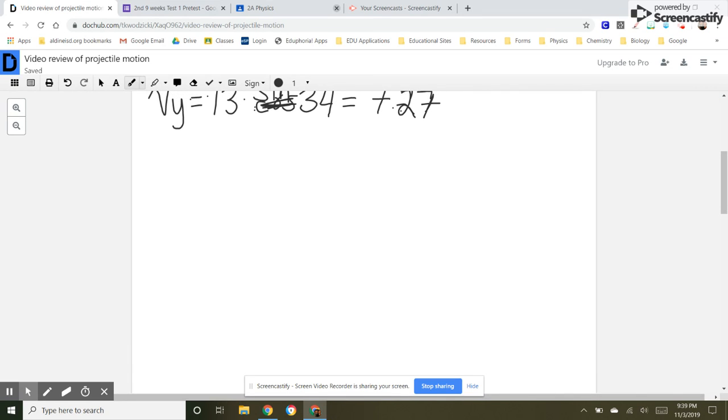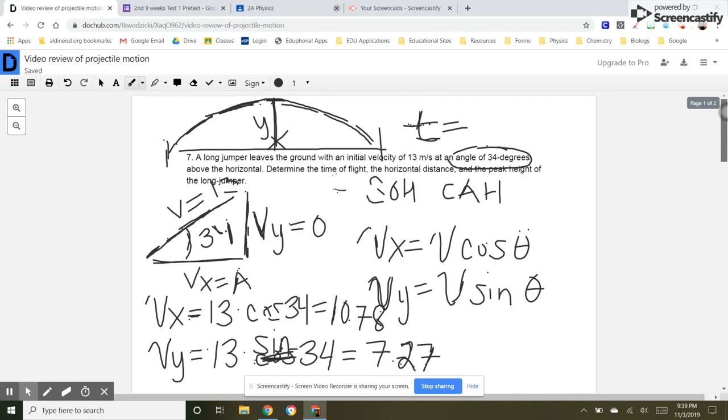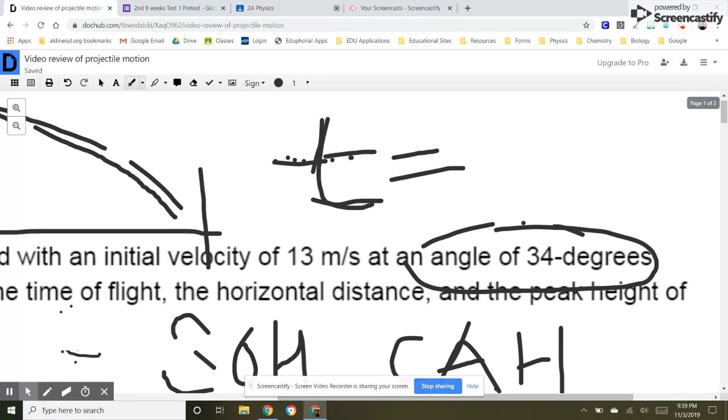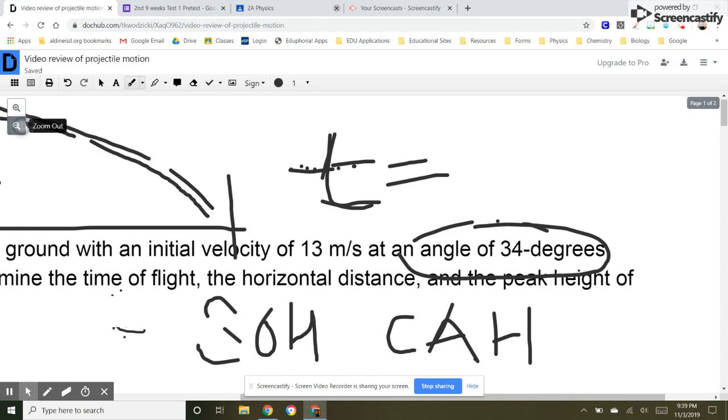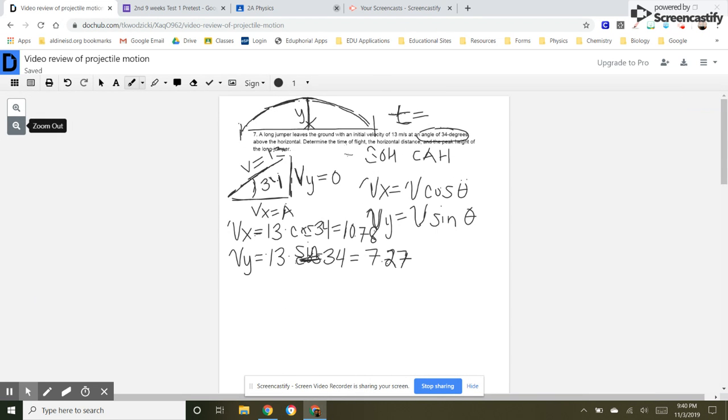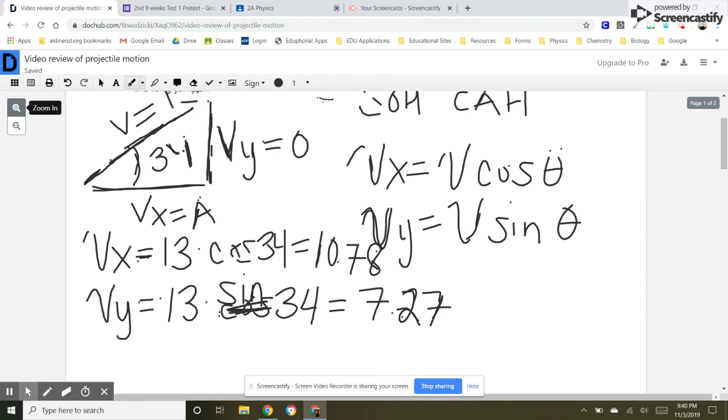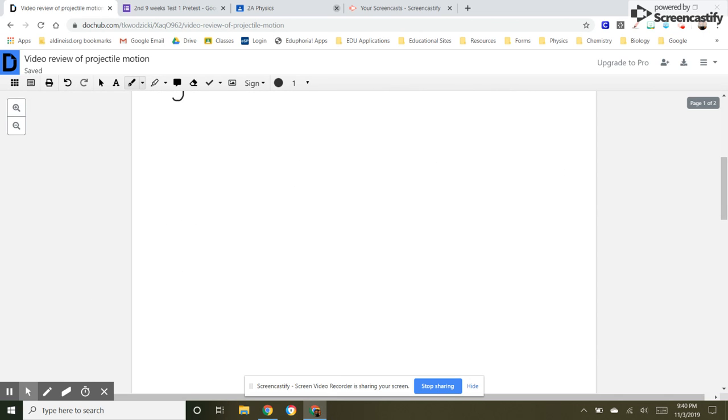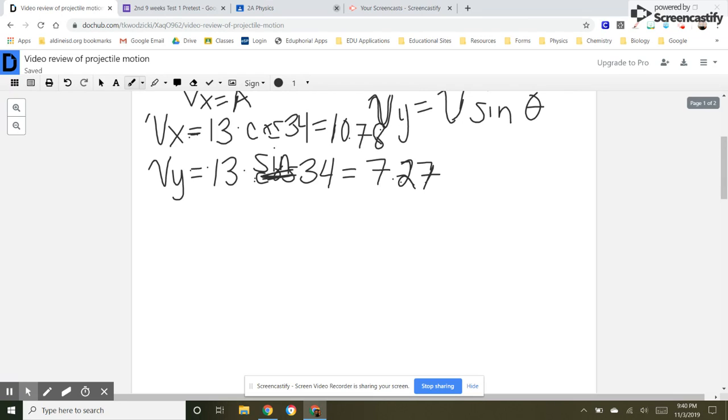So to find the peak height, I have to remember that the velocity at the top of this path right here is 0 in the y component. Okay, so with that fact, I can figure out the max height.